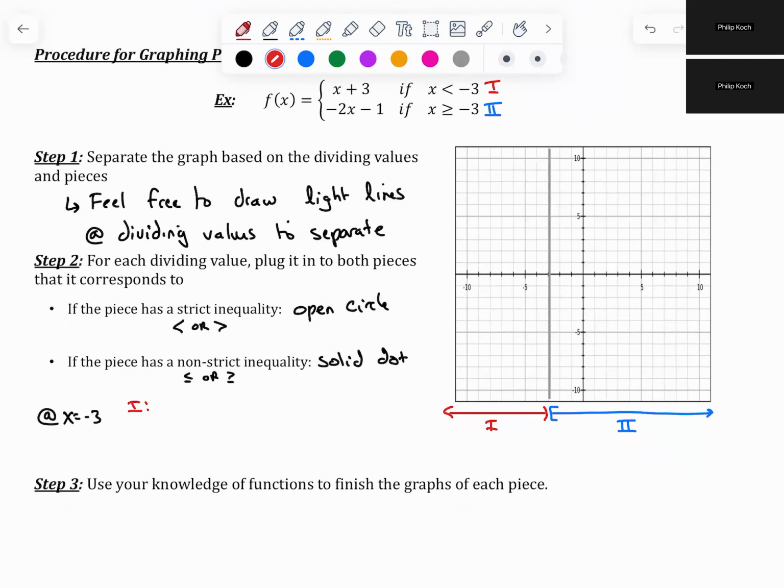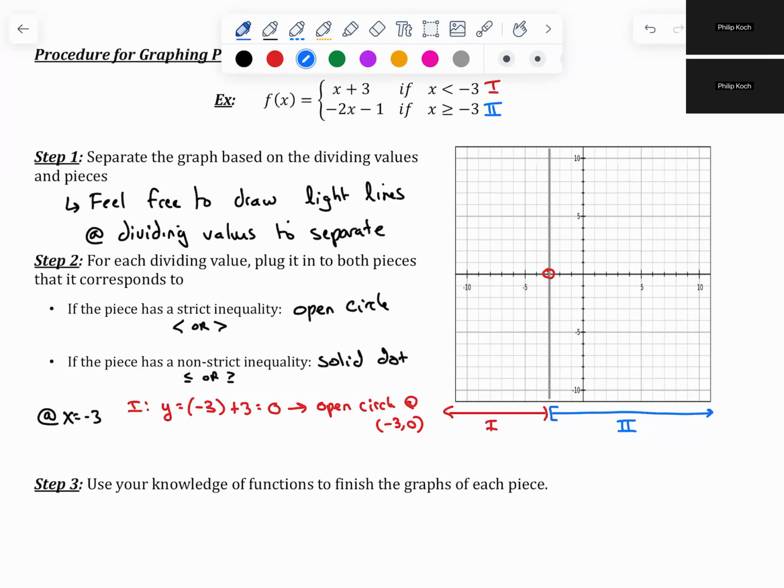But if I were able to plug it in, y equals x plus 3, so it would be y equals negative 3 plus 3, which is 0. So it's a strict inequality there. So it's going to be an open circle at negative 3 comma 0. I'm going to explain why once we get finished with this step.